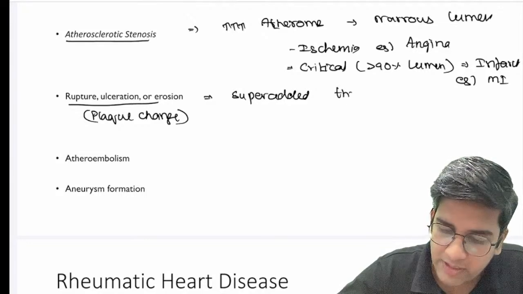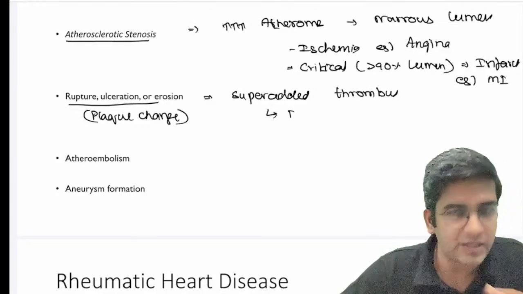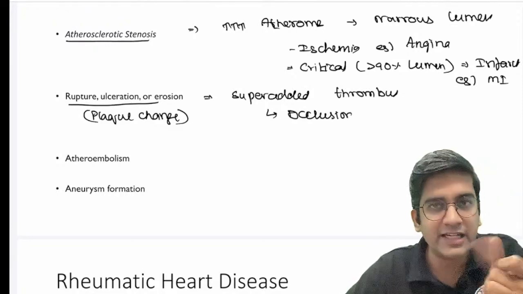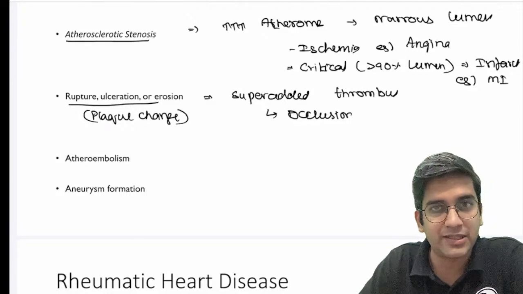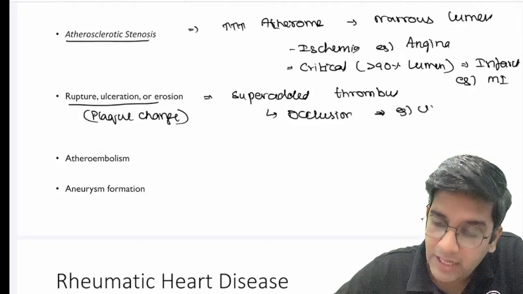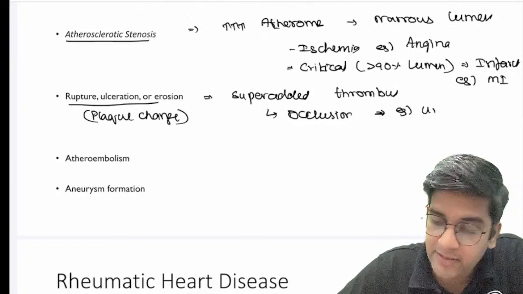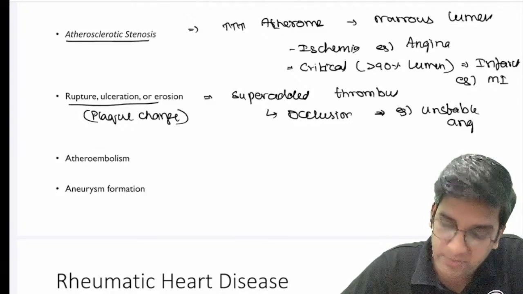The superadded thrombus can definitely cause an infarct or can occlude the entire vessel completely. So this will cause a sudden infarct or a very slow gradual infarct. Superadded thrombus, sudden. So this is a perfect example of an unstable angina, right? Again, like I said, based on how many marks they are asking the outcome for, expand it.